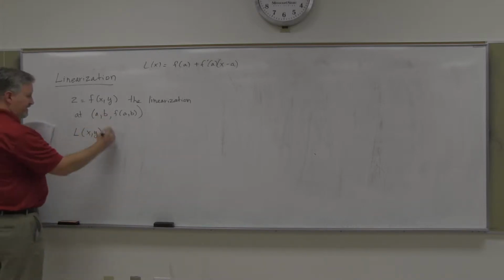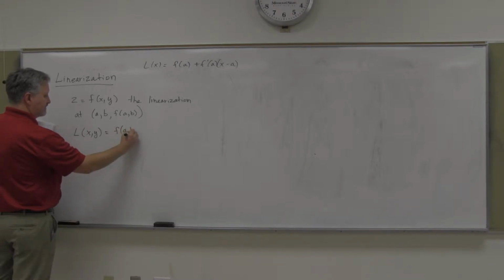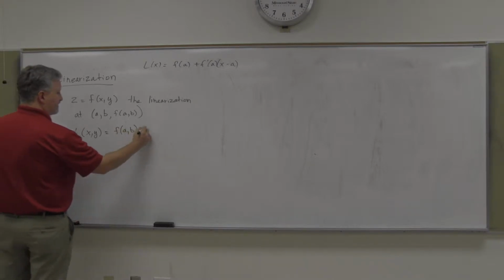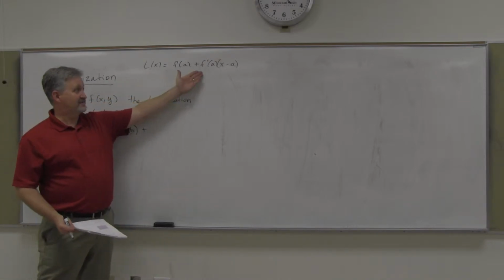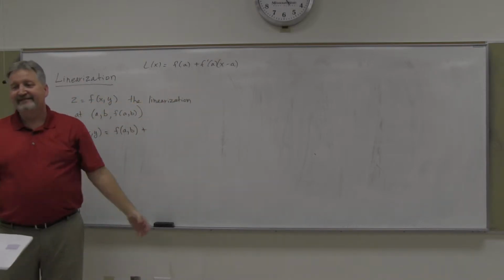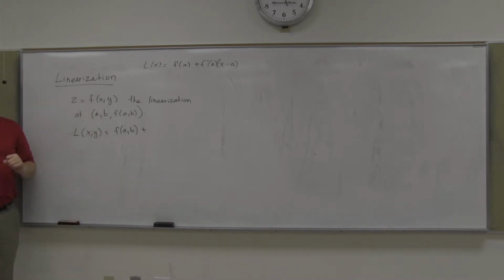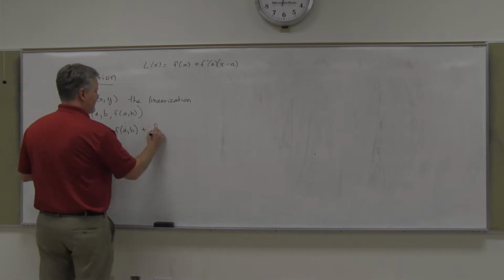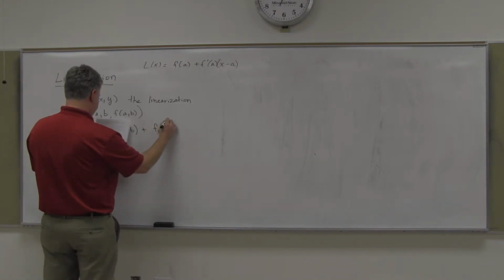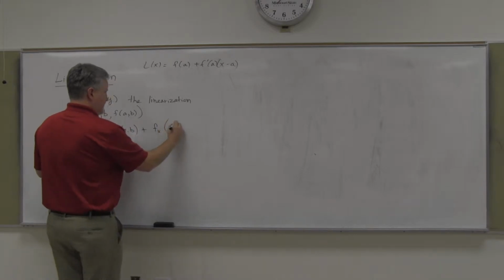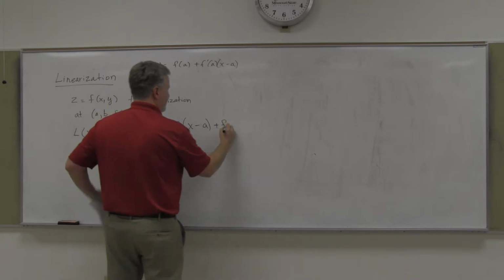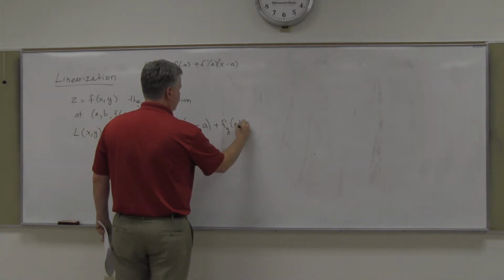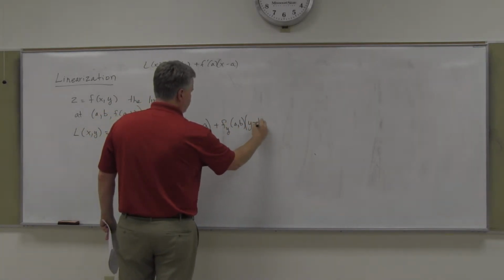It's going to be f of A, B plus, now, again, the complication is we just had one derivative. Well, since you've got two variables, you've got two partial derivatives, so it's partial f with respect to x at A, B times x minus a plus partial f with respect to y at A, B times y minus b.